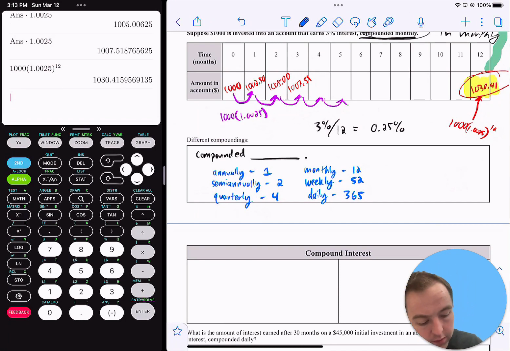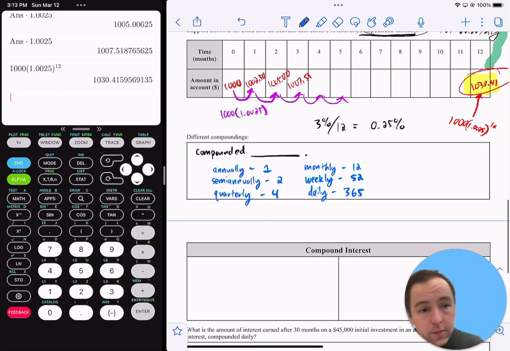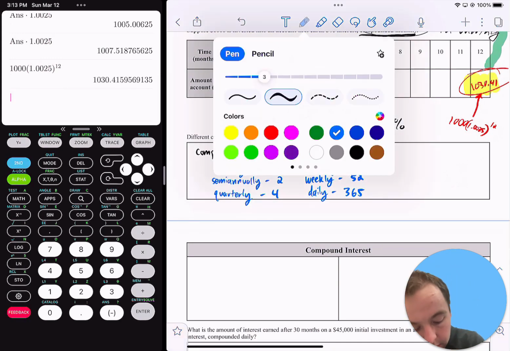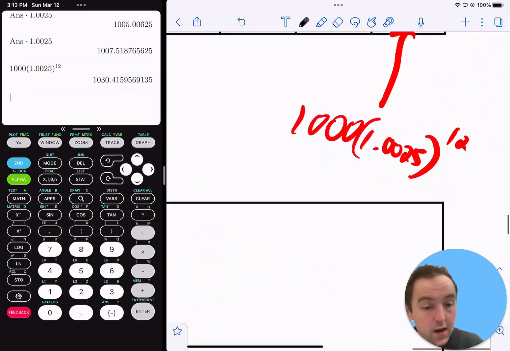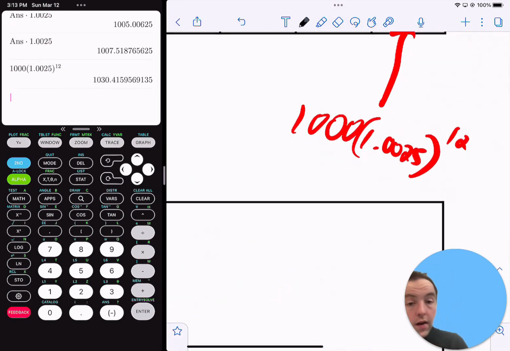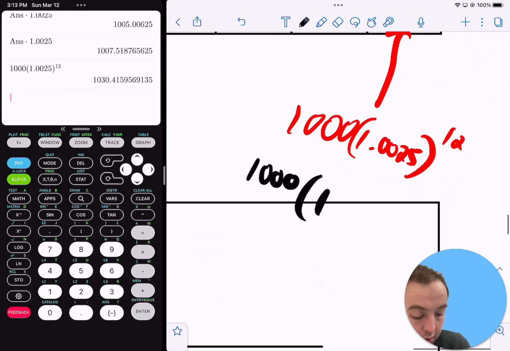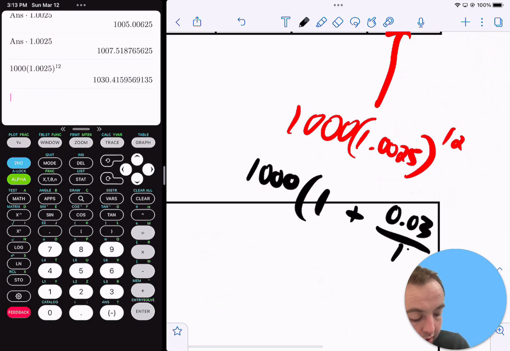To help us develop the compound interest formula, I want to use the example that we were just working through to help you understand how the formula is working. Breaking this apart, what we really did is take this $1,000 and multiply it by 1 plus the 3% divided by 12.